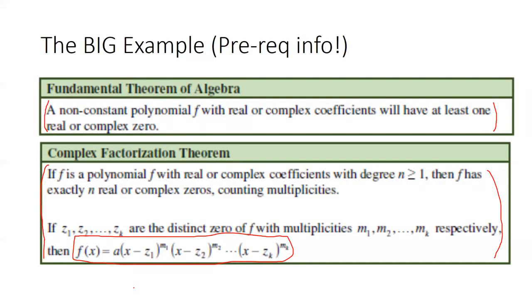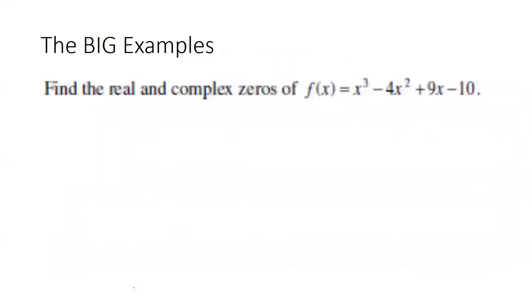So, I want you to find the real and complex zeros of this polynomial. I want you to pause and try this exercise. You're going to need to break down this polynomial until you get down to a quadratic polynomial and then solve the quadratic that's left.